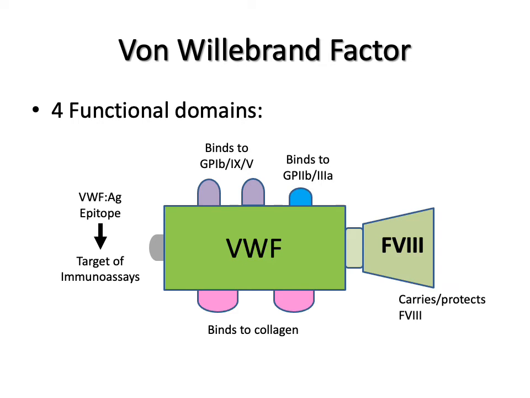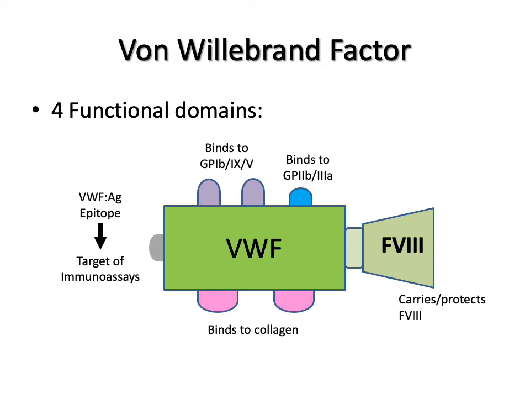A von Willebrand factor monomer has 4 functional domains: one that binds factor VIII, one that binds to collagen, one that binds to platelet GP1b-9-5 complex.